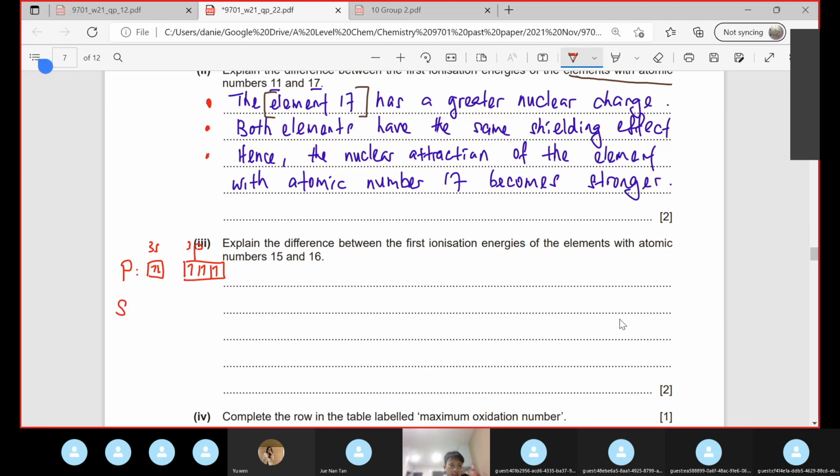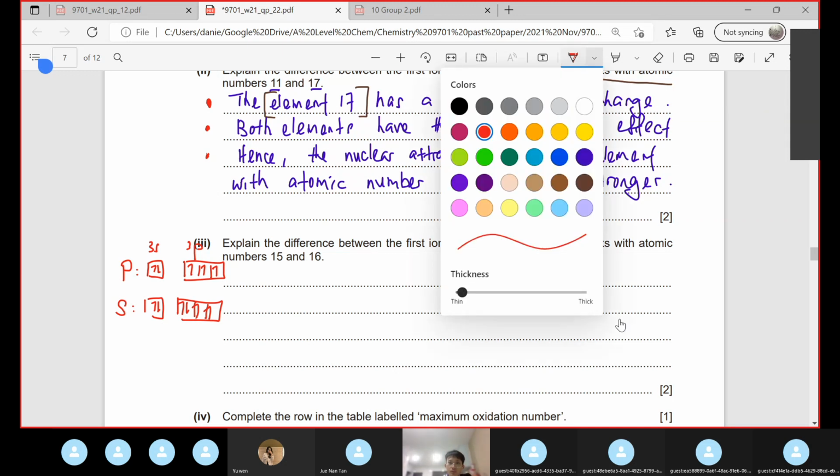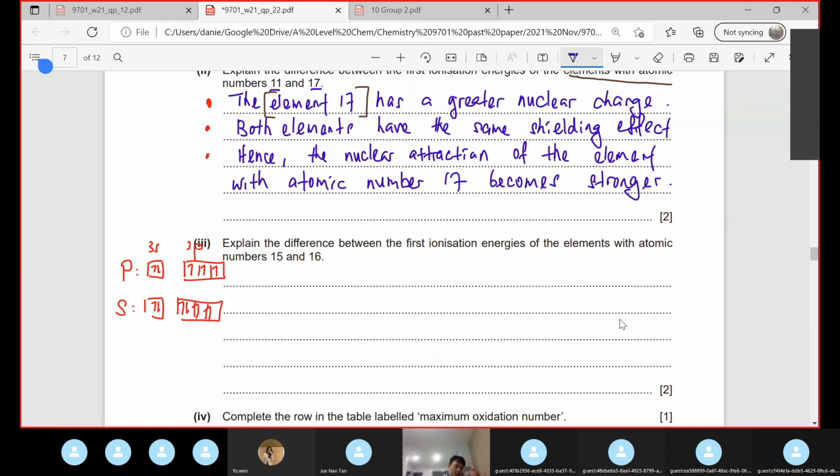Then in the sulfur atom, there is a pair of electrons in a p orbital. So that means there is electron pair repulsion, and you need to mention this repulsion over here. So there is electron pair repulsion.